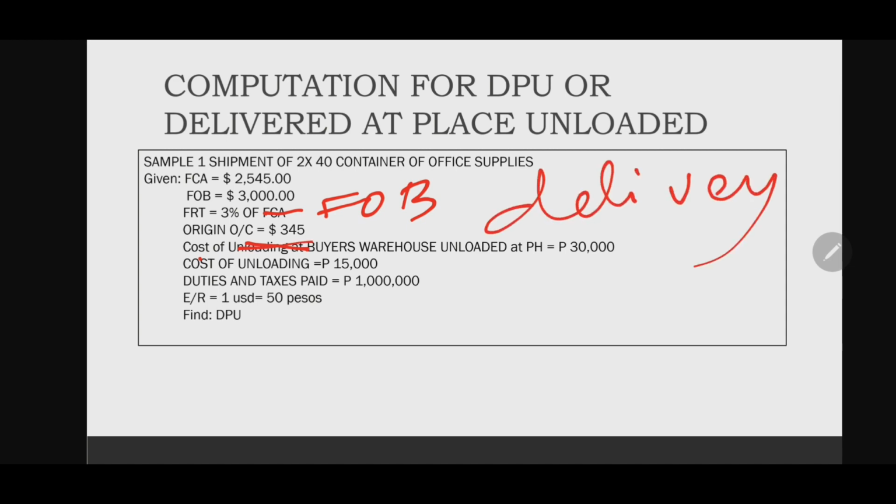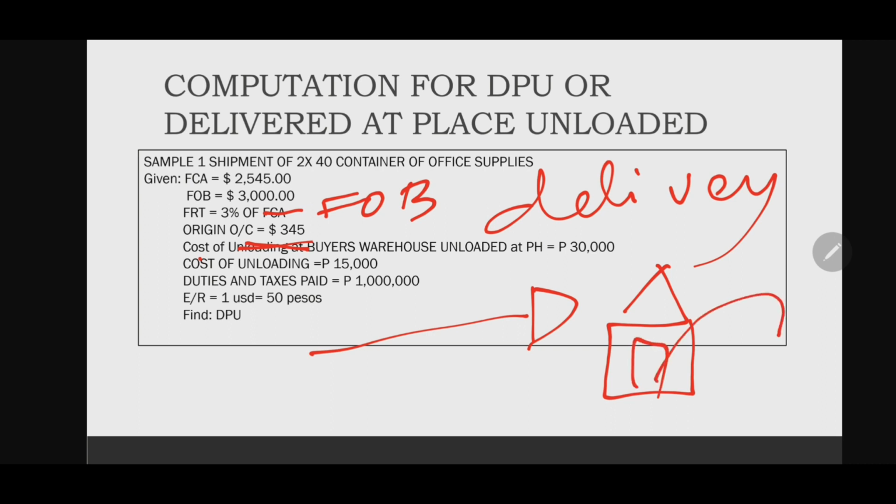Okay. And then cost of unloading, duties and taxes paid, exchange rate, and we're looking for the delivery at place unloaded. So when we are talking about the delivery at place unloaded, we are talking about the delivery to the place where the buyer would like the shipment to be delivered, but it is unloaded already.